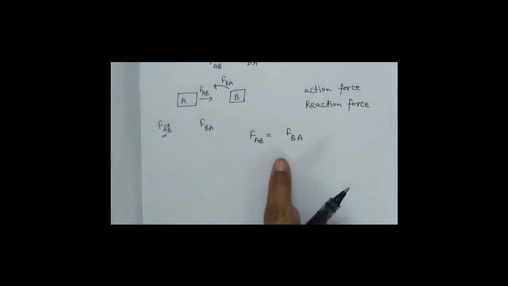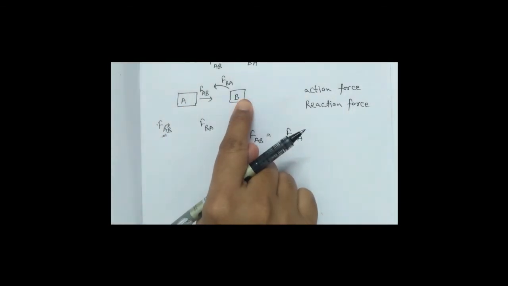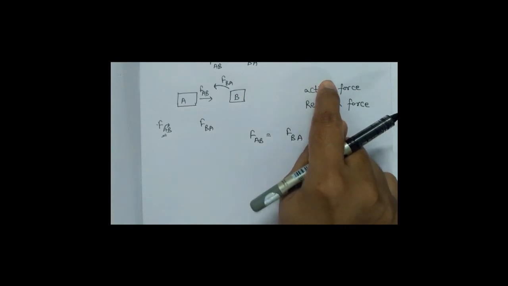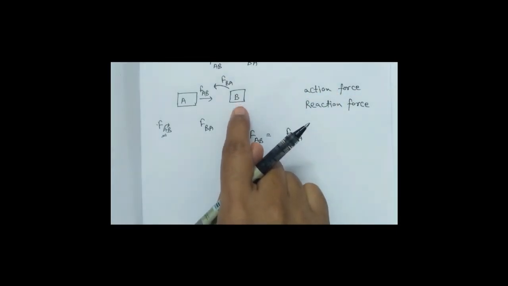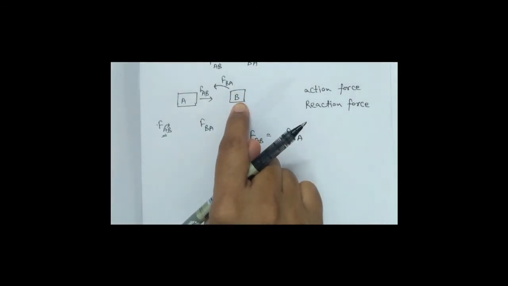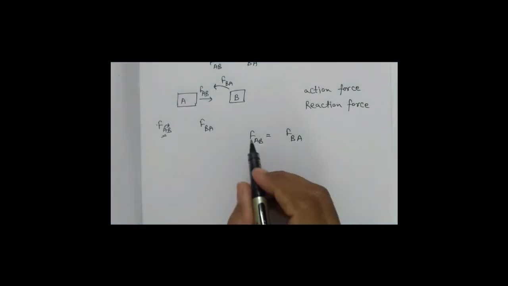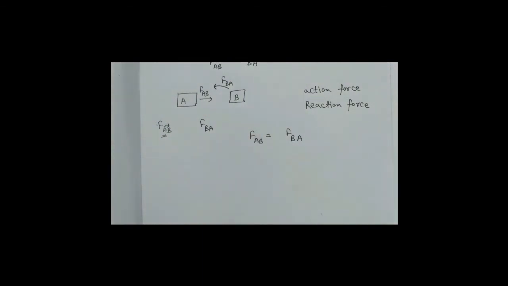Why? Because I am saying that object A has exerted a certain amount of force towards B in the form of action force. So object B has also exerted a similar amount of force on object A. So I'll say FAB is equal to FBA.